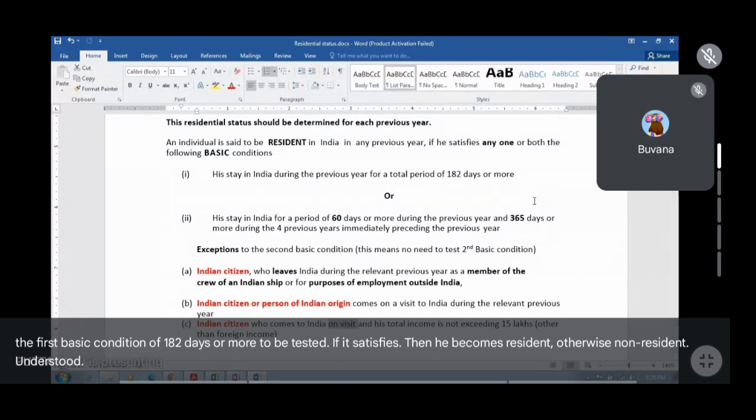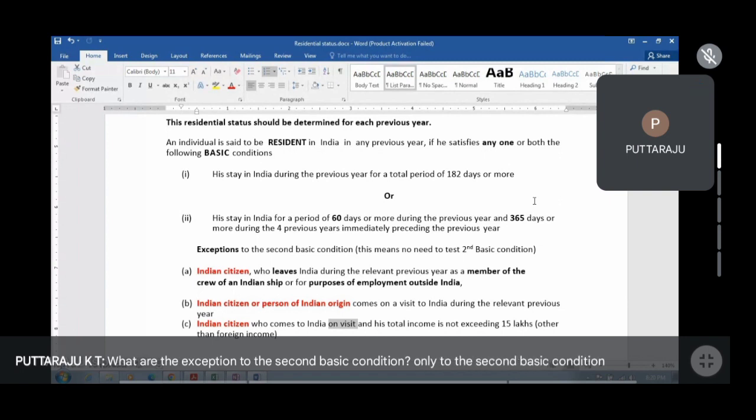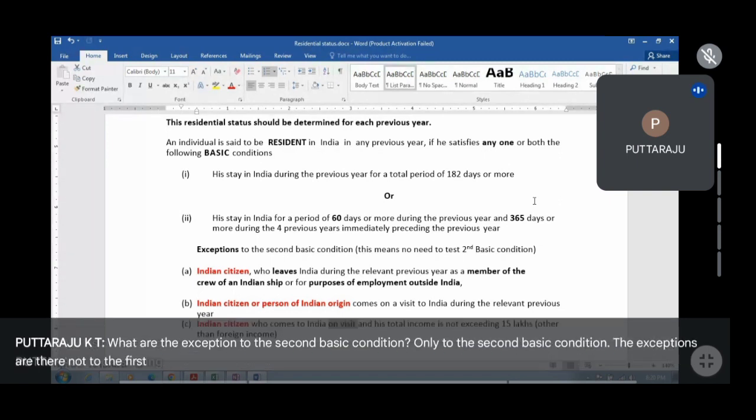Yes, sir. Okay, tell me, what are the exceptions to the second basic condition? Exceptions are there only to the second basic condition, not to the first condition. What are the exceptions?